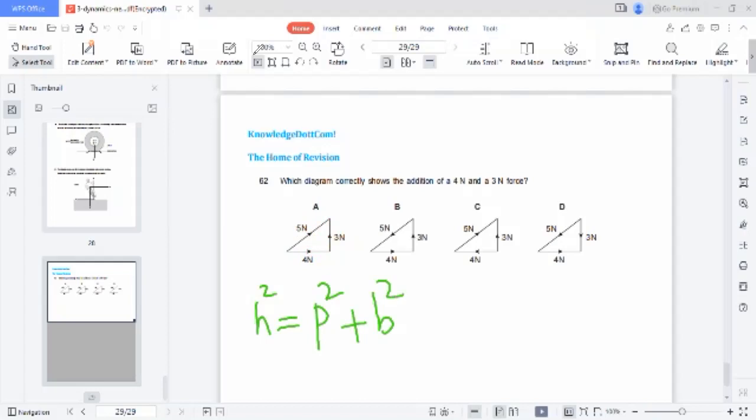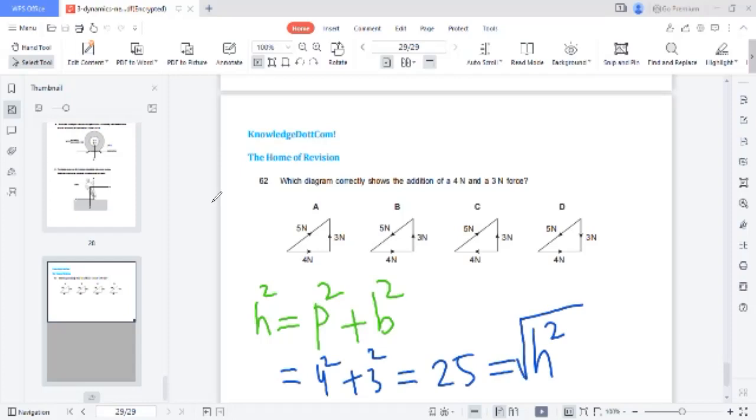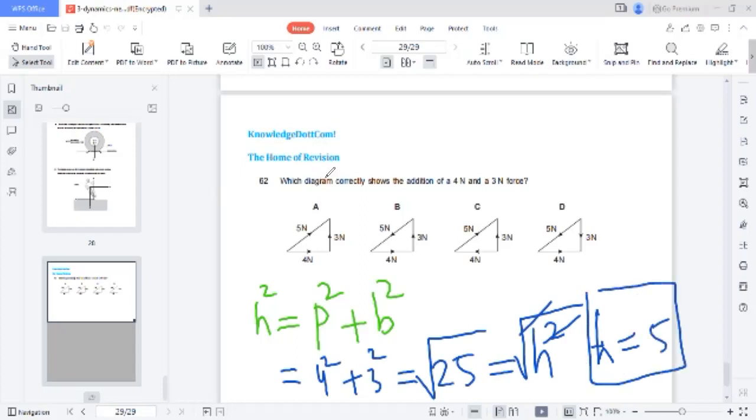So perpendicular square is 4 square plus base square is 3 square, so it would become 16 plus 9, which is 25, which is equal to h square, hypotenuse square. So hypotenuse would be 5. So we can say this is our possible answer.